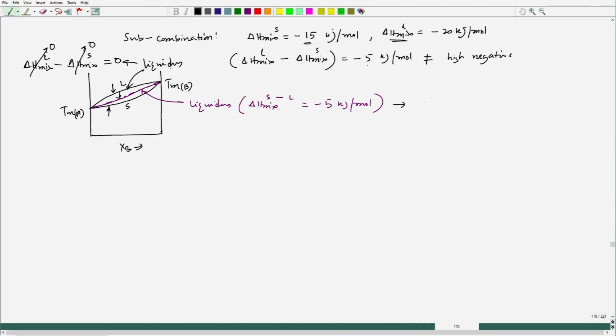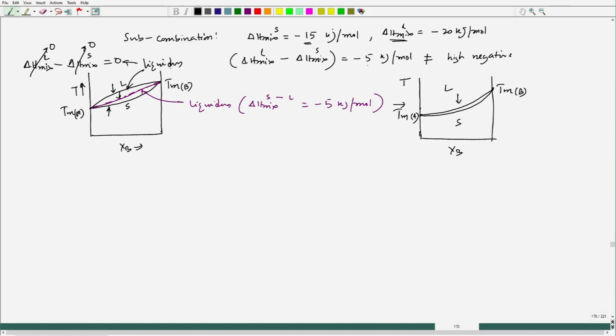With x B, this is temperature, this is T A, this is T m B, and this is the solidus. The liquid zone has expanded, while the solid zone in comparison remains similar. This is the change you notice in the phase diagram.